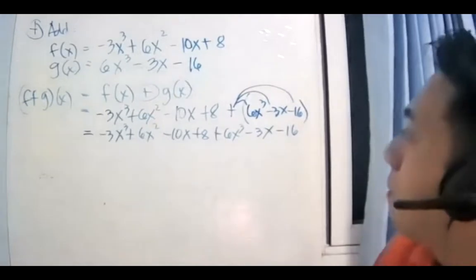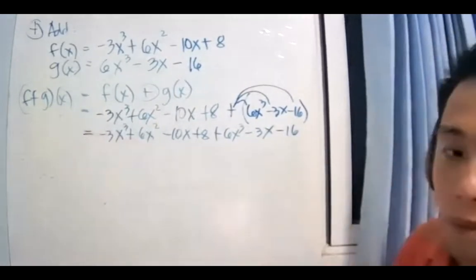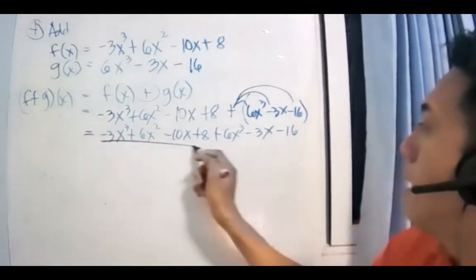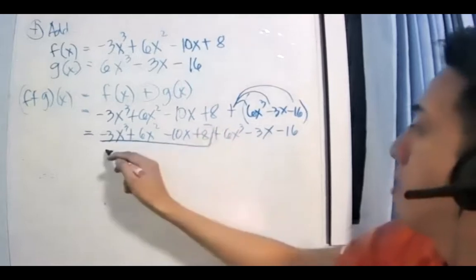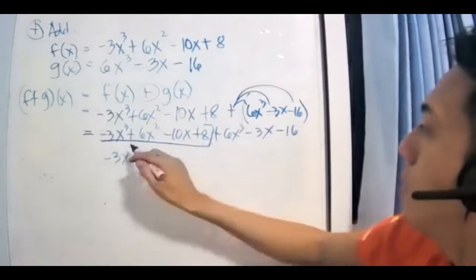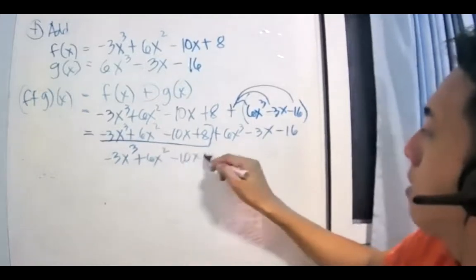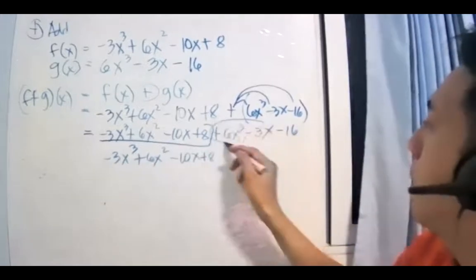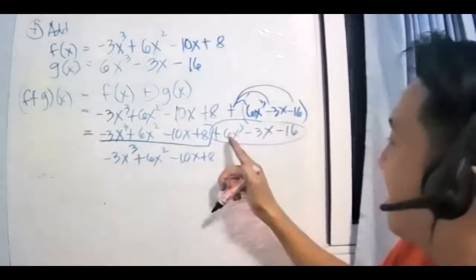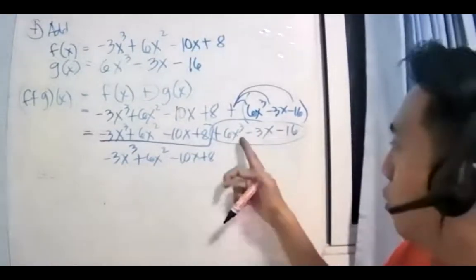So let's now combine like terms. Kung medyo mahaba na at magulo, pwede ka rin namang maglagay. Ito muna nalagay natin. So negative 3x cubed plus 6x squared minus 10x plus 8. And then, pakikialaman na natin to. Okay? So 6x cubed.